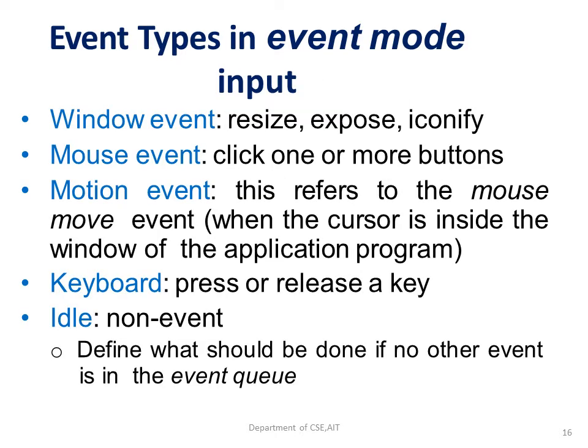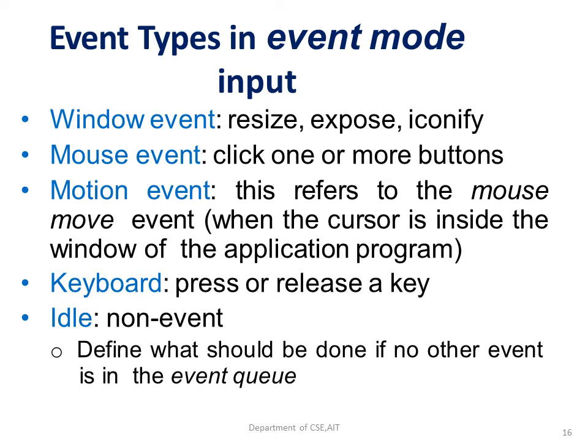Some of the events for the input devices are the window event. The window event is a callback function used for resizing, for bringing a window to the front or back, or for iconifying a window.